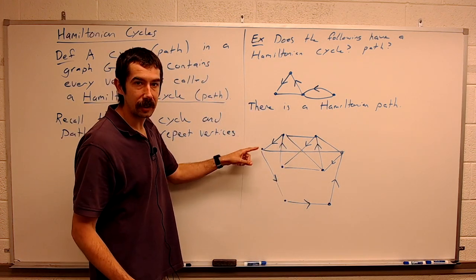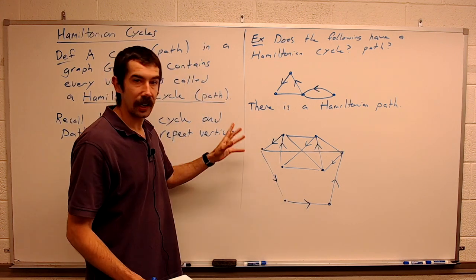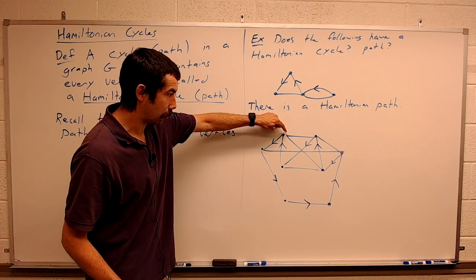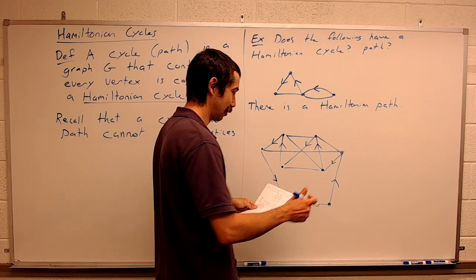All right, and so you can see that we hit every vertex exactly once, and we start and end at the same vertex. So this has a Hamiltonian cycle.